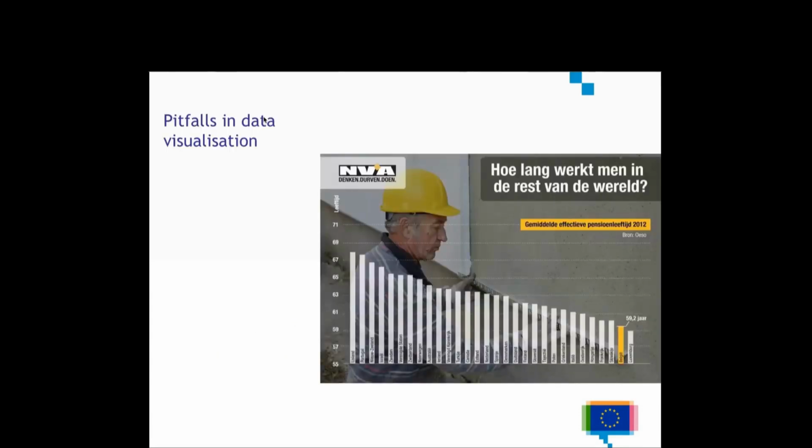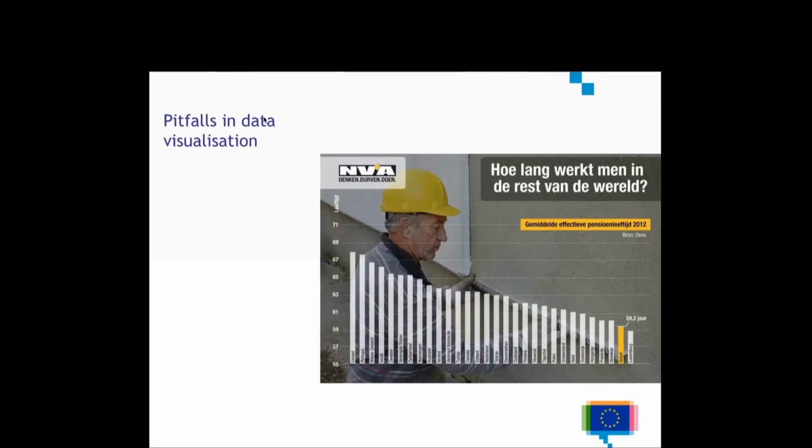So the first example I wanted to show you, this is in Dutch. My apologies, this is a chart published by a political party here in my region of Flanders. And they wanted to show that people in our region, or in our country, are retiring at a quite young age compared to other countries.